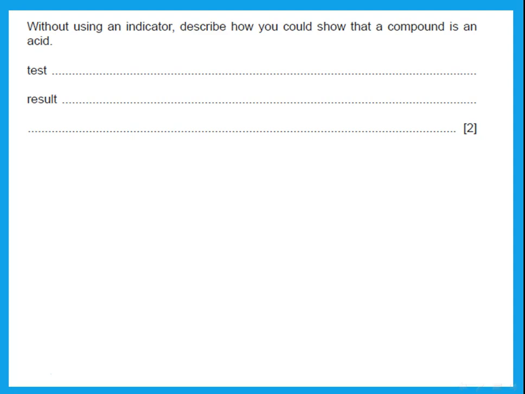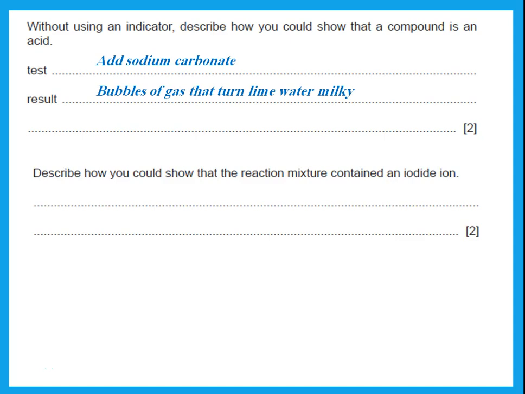So in that case, I could also use carbonates to test for acid. So if I add, for example, a specific carbonate like sodium carbonate, and I want to show that this is an acid, I should get bubbles of gas that turn lime water milky, right?